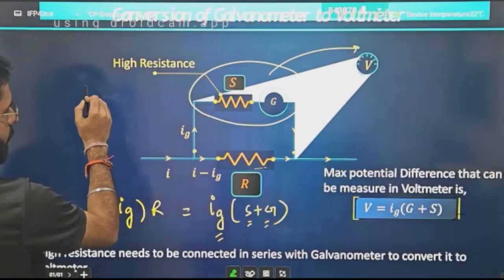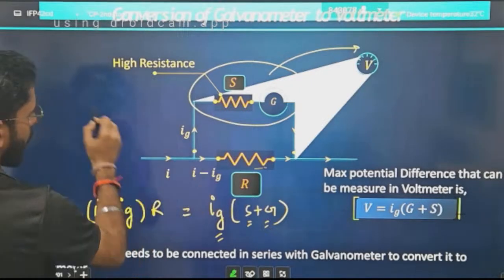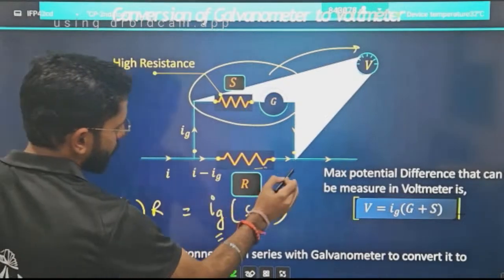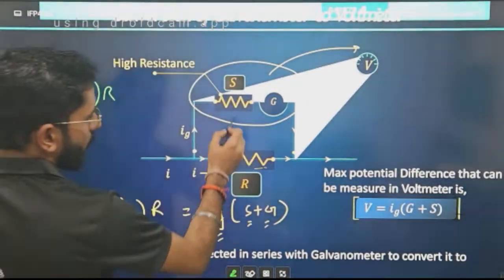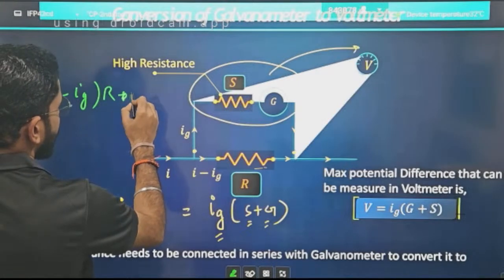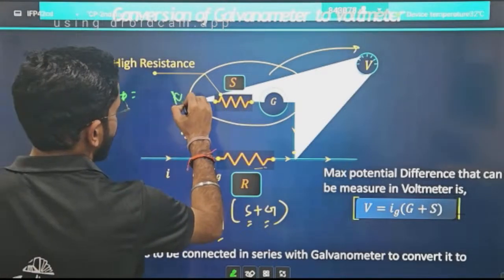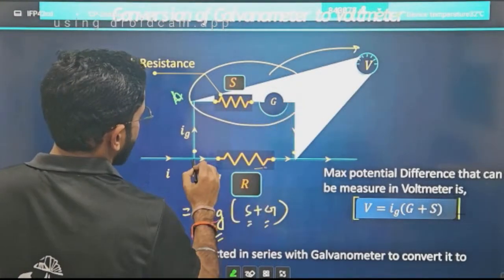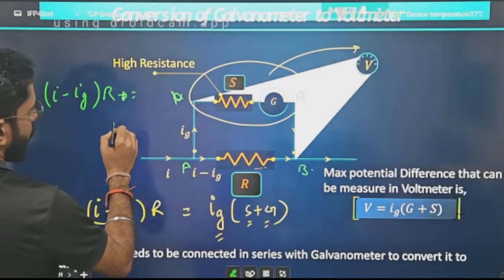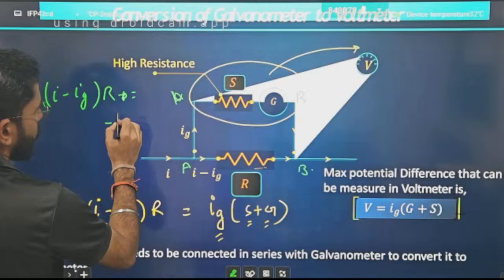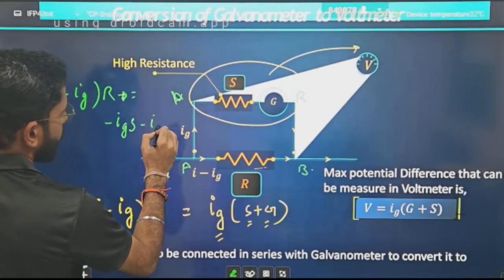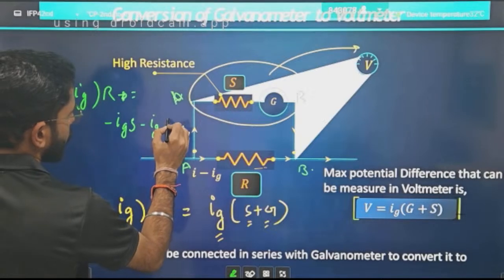I will simply write (I minus Ig) into R. Okay, and what I can write about the potential difference across this one: if I take this point as A and this point as B, here I will write minus of Ig into S minus Ig into G.